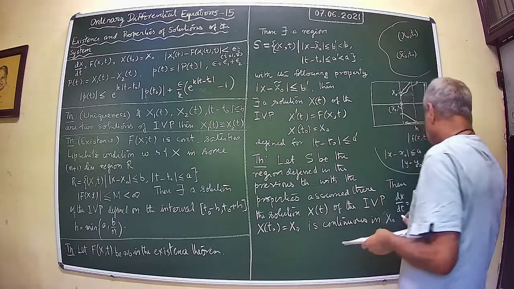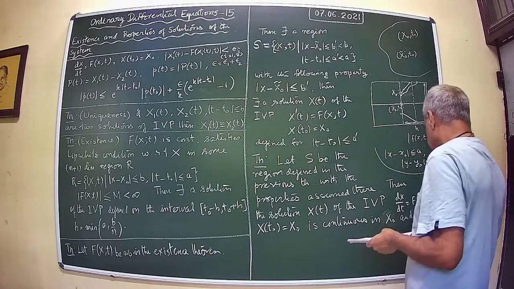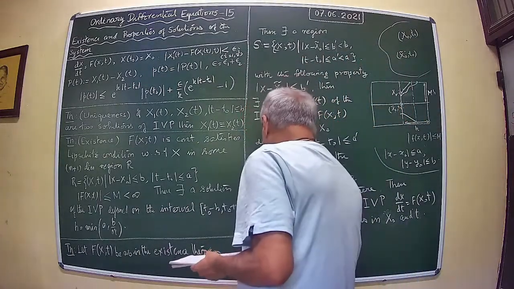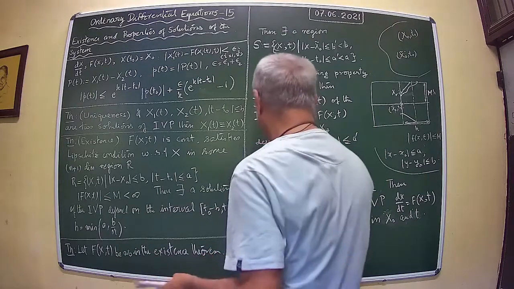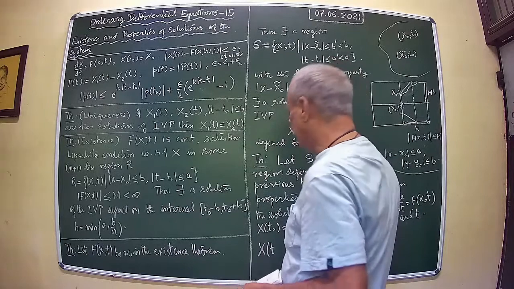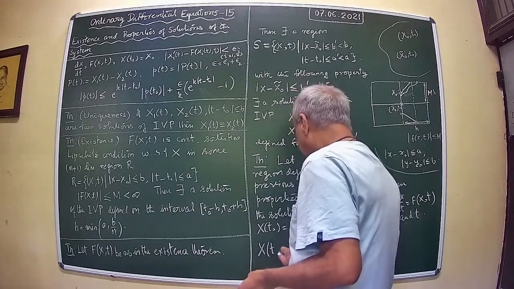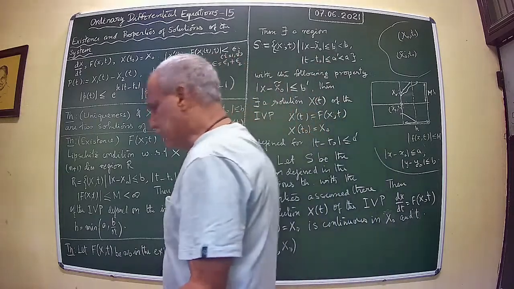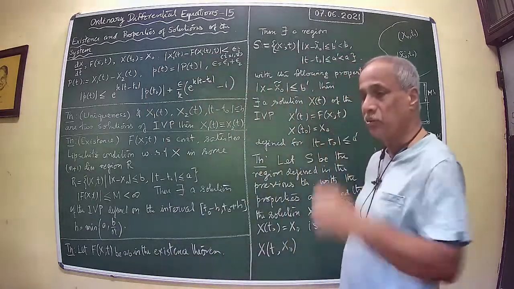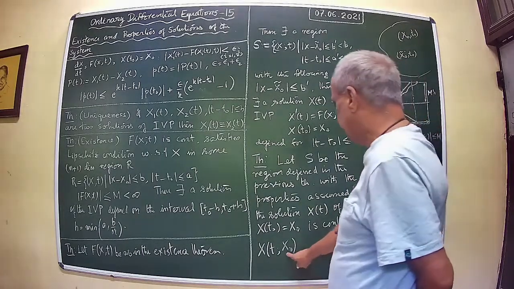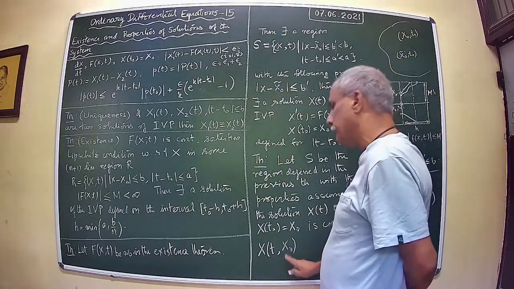So the solution can be written in the form x(t, x naught), t is the independent variable, then x naught is the initial data that you give, and this initial data can be looked upon as a parameter. Now what you are asking is, is it continuous in this parameter?